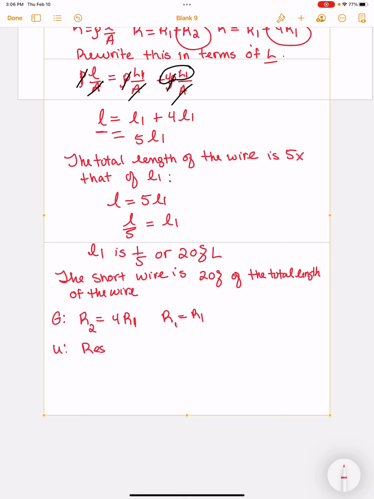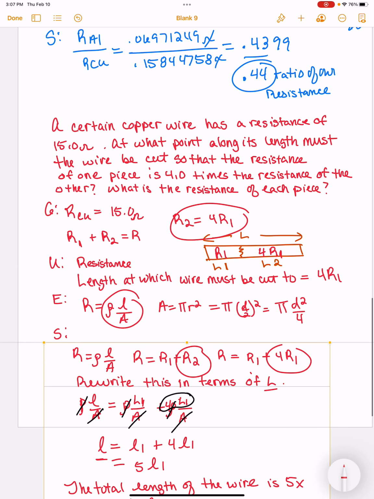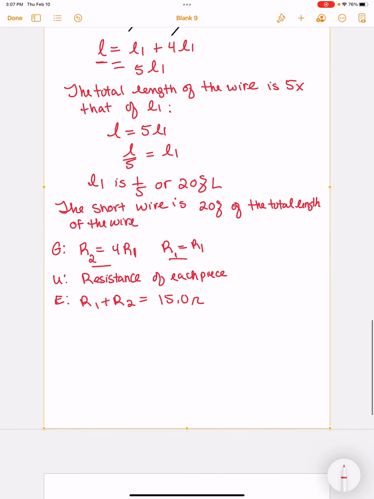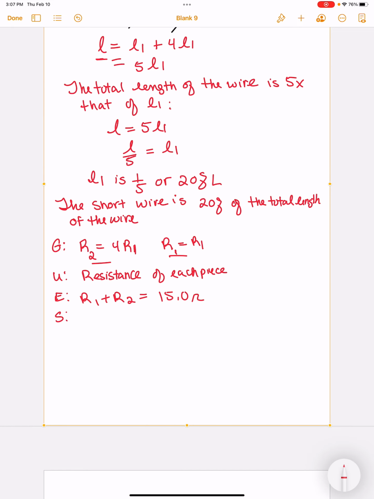Our unknown is the resistance of each piece. And then our equations are going to be these that we put up here, and that R1 plus R2 equals R, and we're told that the total resistance is 15 ohms. So that's our total, and we want to know what each piece will be. So we're going to substitute for R2 like we did, making that 4R1 in its place, and we'll put R1 plus 4R1 equals R.